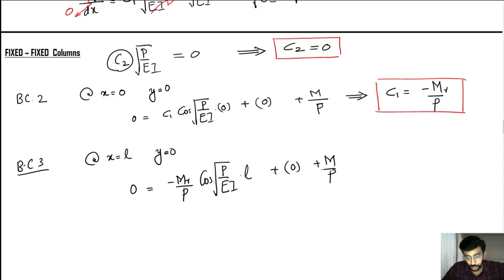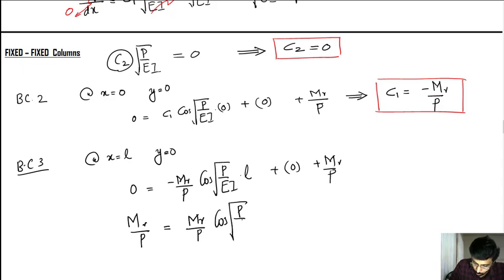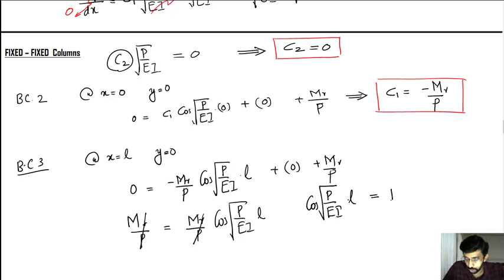Now if you take it to the other side, we can say that mr by p is equal to mr by p into cos of root of p by EI into L. These two will get cancelled out, and what is left is cos of root of p by EI into L has to be equal to 1.